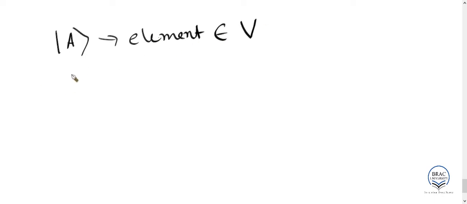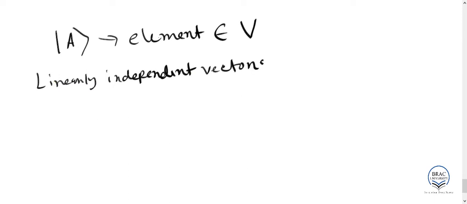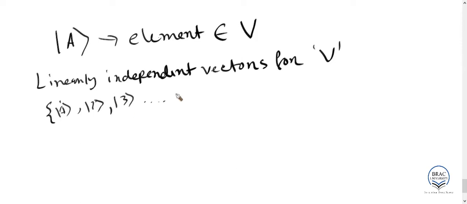So let's try to see it. Let's say I have an element called A that belongs to the vector space V, and my linearly independent vectors for V are denoted by 1, 2, 3 and so on.